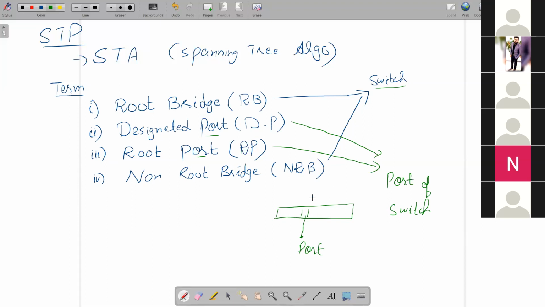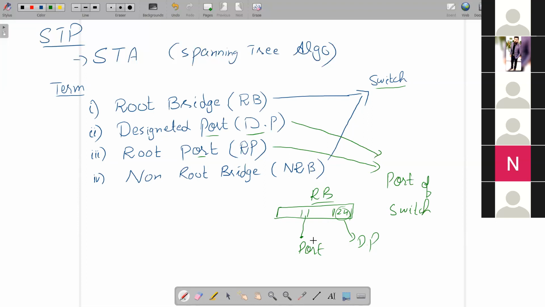For example, this is a switch. I can say this is the root bridge. That means the entire switch status is the root bridge. And if I say the port number 24 is DP, designated port, that means I'm talking about the particular port of that root bridge. So you need to differentiate what I'm trying to tell you people.